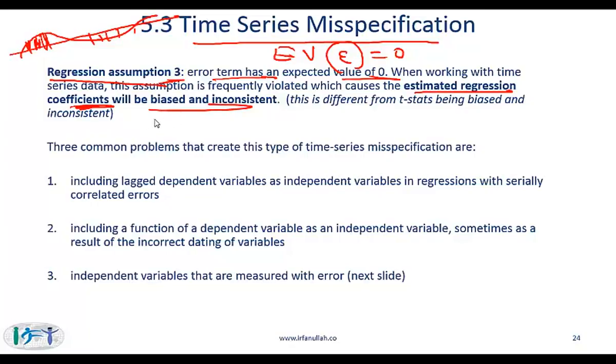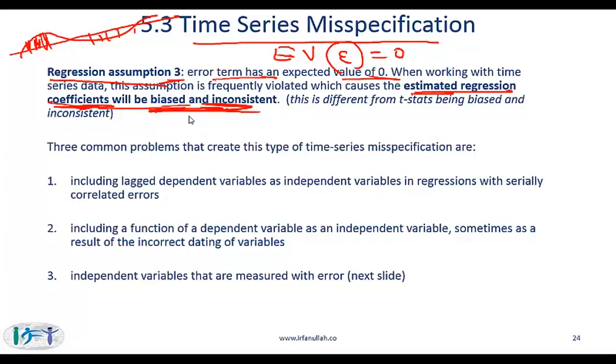Now, just to check your understanding here, how is this part in bold, estimated coefficients will be biased and inconsistent, different from what we discussed in heteroscedasticity and multicollinearity and so on? There, the standard error was understated and the t-stat was overstated. The difference between what we are seeing here and what we saw earlier is that here the coefficient itself is biased and inconsistent. What does biased mean?